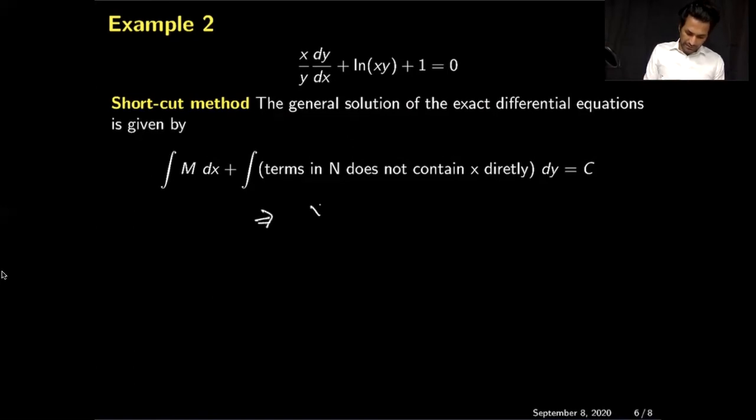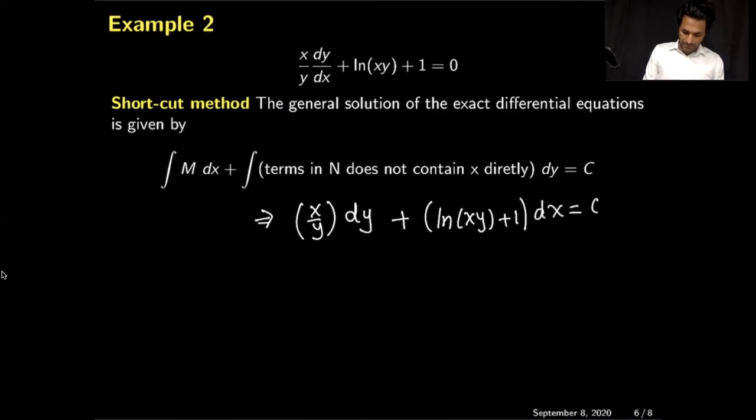So it is x dy plus natural log of y plus 1 dx is equal to 0. So once we have this, this is the term M and this is the term N.